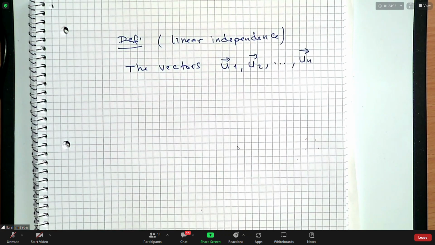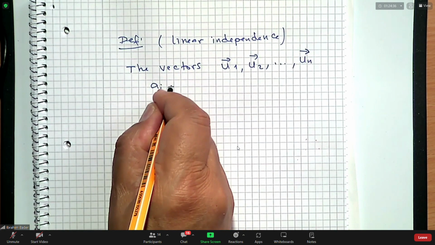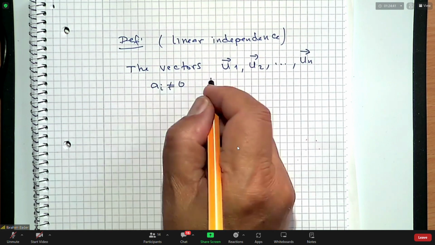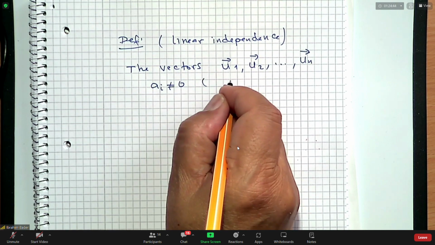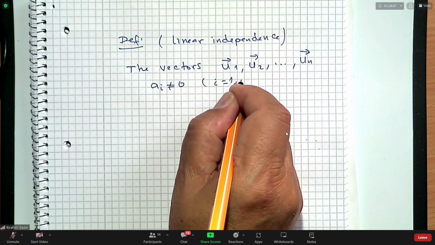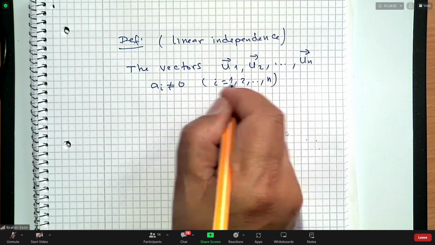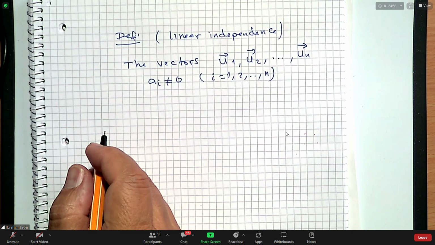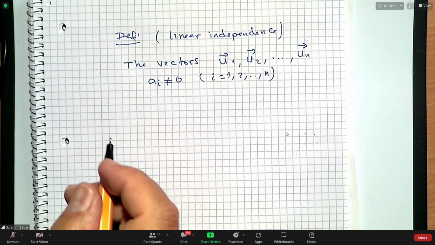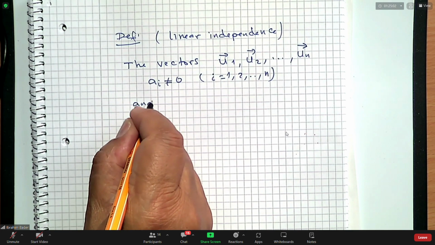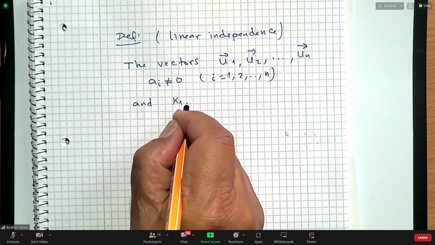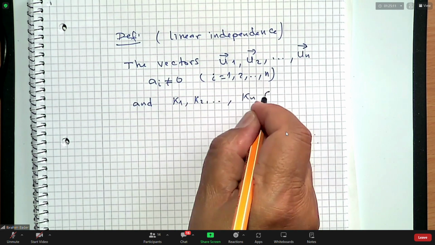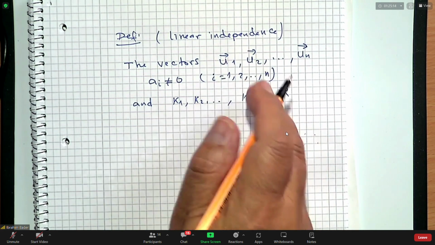These vectors, none of them is equal to 0, because it would make no sense. For i equals 1, 2, 3, and so on, this is just indicating that none of these vectors is 0. And constants, again, k1, k2, we just take some constants there, as many as the vectors.